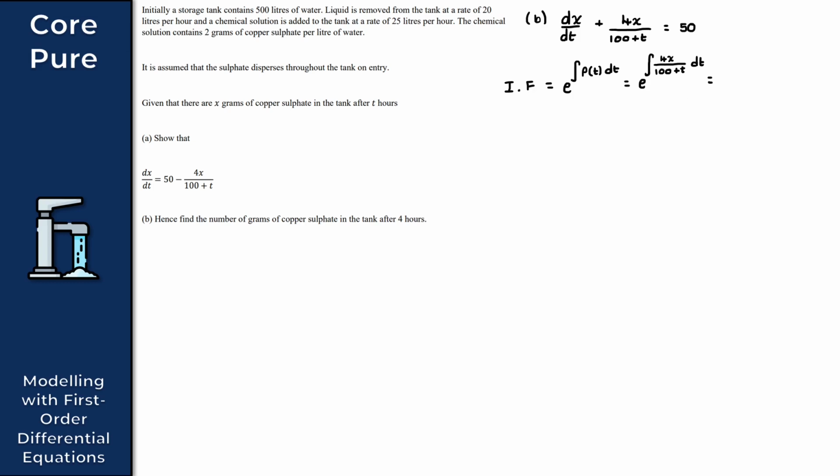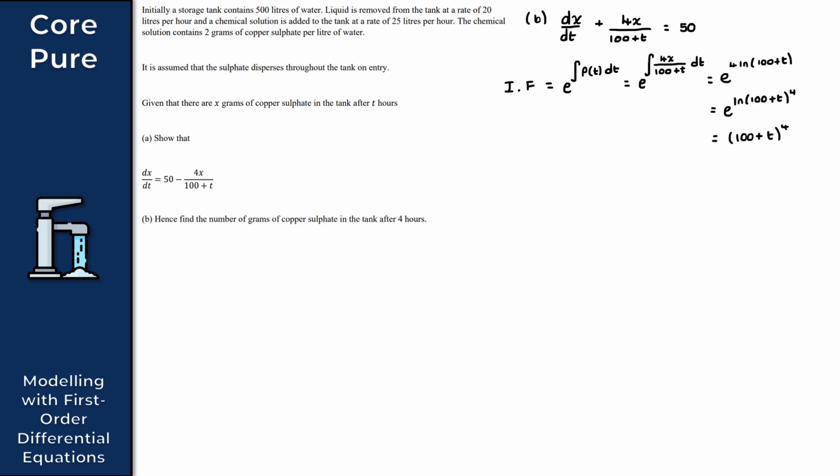Well, nice and straightforward. This integral would give us 4 ln 100 plus t. We get e to the power of 4 ln 100 plus t. We can now use the power rule for logarithms. We get e to the power of ln of 100 plus t to the power of 4, like so. Given that e and ln are the inverse of each other, this just cancels to give us 100 plus t to the power of 4. Okay, so this here is our integrating factor.